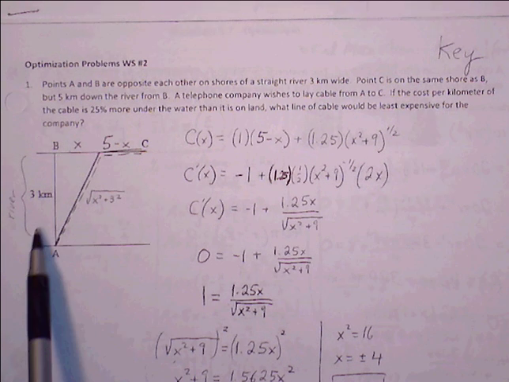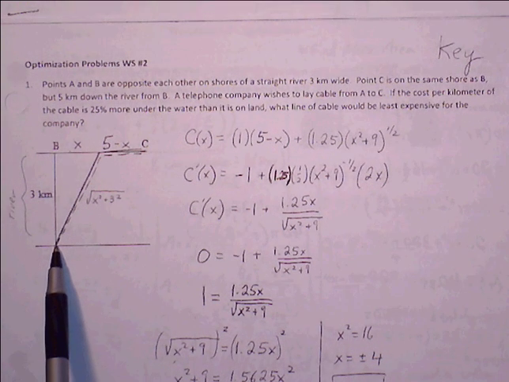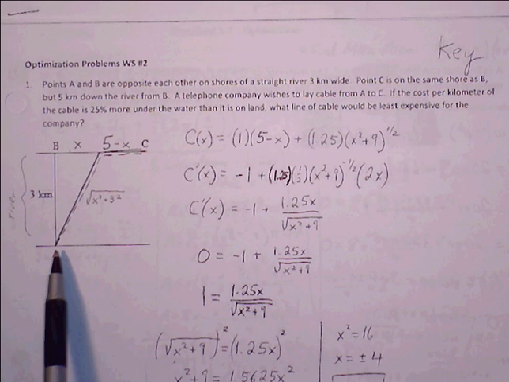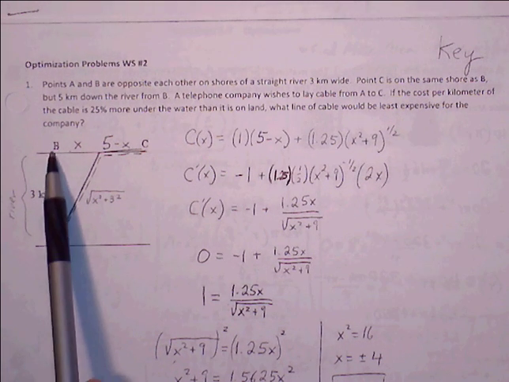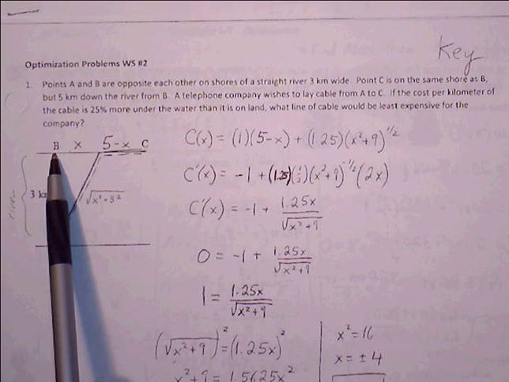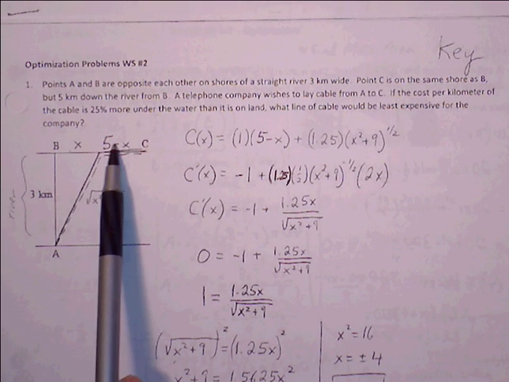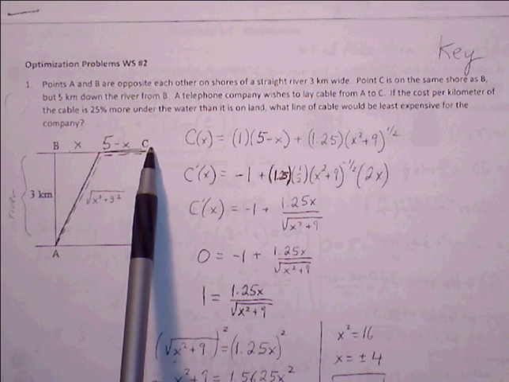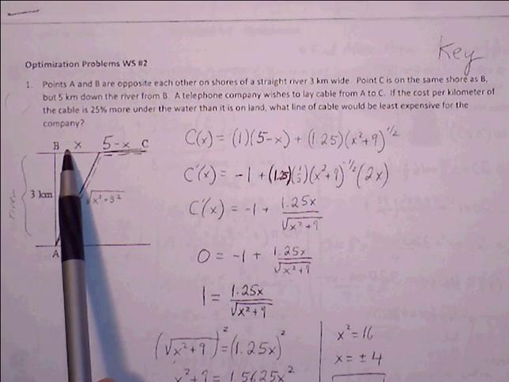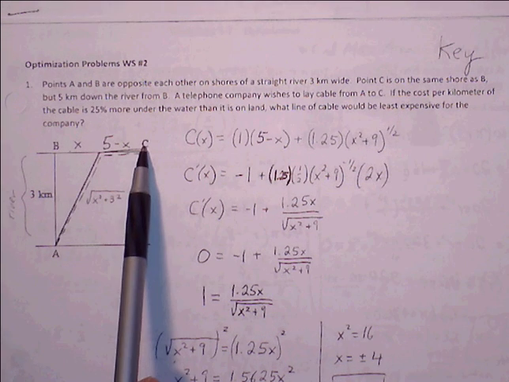The other extreme is what if we just found the shortest distance on water, where the cable is underwater? That's going to be a straight line between point A and point B. This will be the shortest distance underwater, which will be the least cost underwater. However, that would mean you'll have to lay cable from point B to point C, which is not necessarily the issue because it's on land, so that's cost efficient.